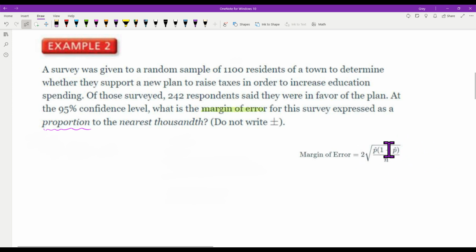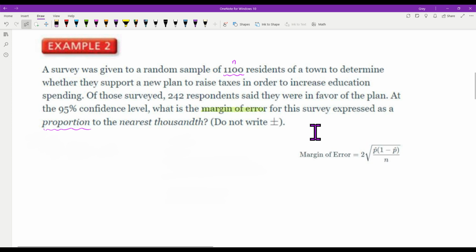The little p with a symbol on top of it is read p hat. So it's p hat times 1 minus p hat, which you could think of as success and failure, and n is our sample size. In this problem, our sample is 1,100. So that's our n, and we've got to figure out what p hat is.